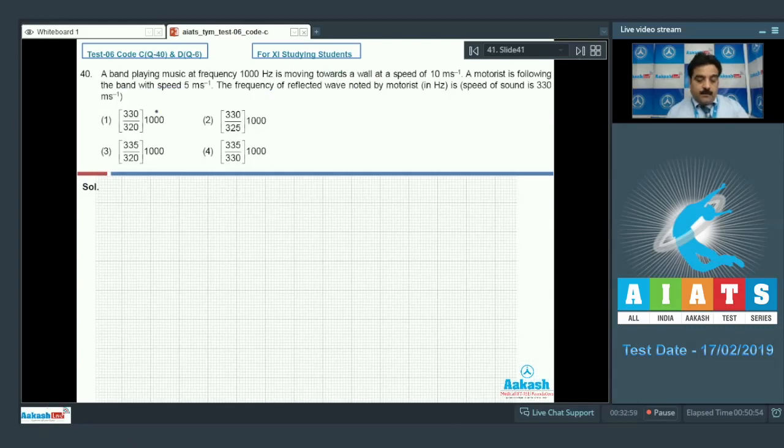In question number 40, a band playing music of frequency 1000 Hertz is moving towards a wall with a speed of 10 meter per second. Okay, means if this is a wall, this is, suppose, the band, and a motorcyclist is following the band with 5 meter per second. Find the frequency of the reflected wave noted by the motorist in Hertz.